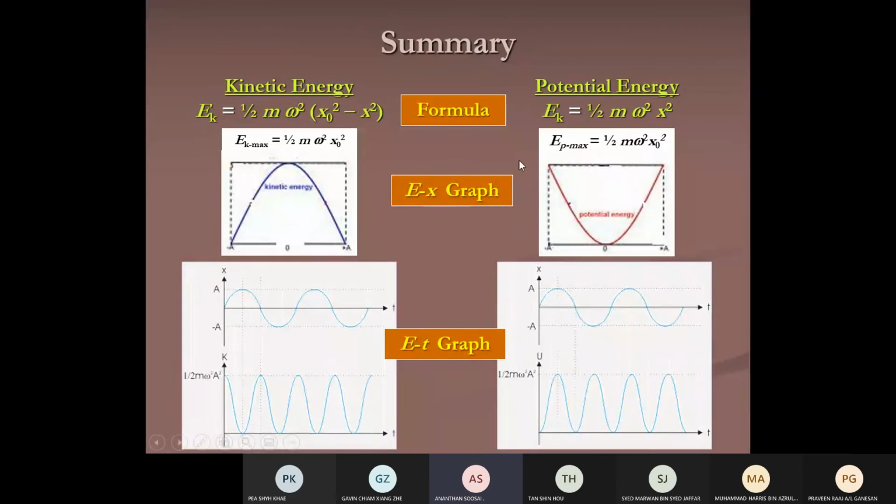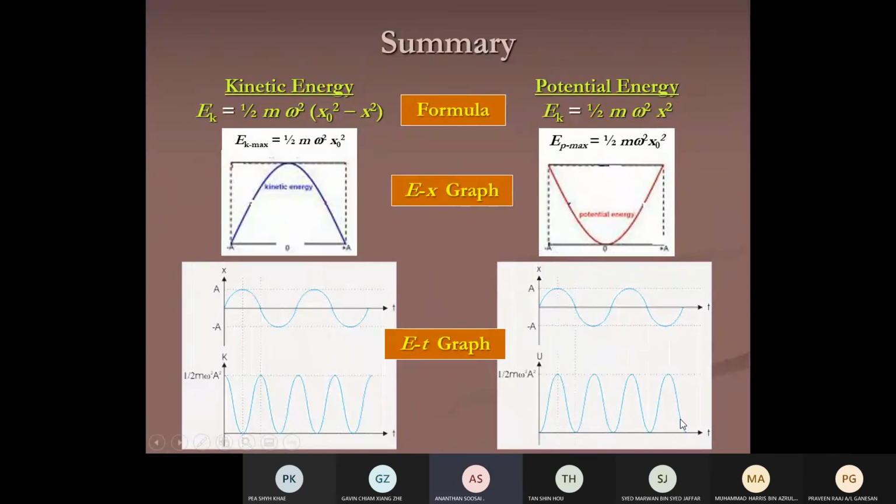Okay, so summary. Kinetic energy is a sad face. Potential energy is a smiling face. For the first version, the kinetic energy in terms of time will be a cos squared graph. For potential, what graph is this? Anyone?